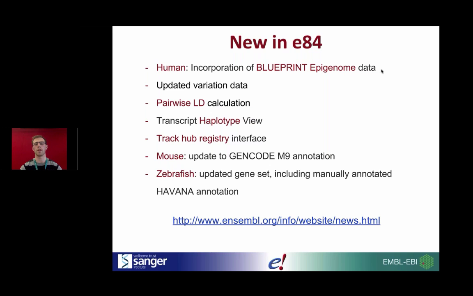In Ensembl 83 and in previous releases, we incorporated data from ENCODE and Roadmap Epigenomics in our regulatory build. But now we also have been able to incorporate BLUEPRINT data into our regulatory build, and this is something that we're very excited about, and I'm going to talk to you a bit about that in a moment.